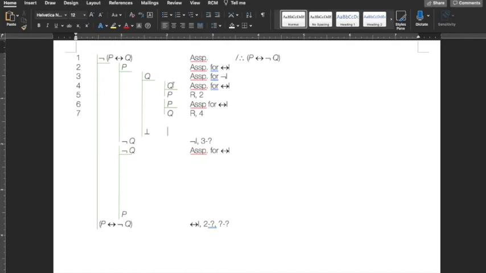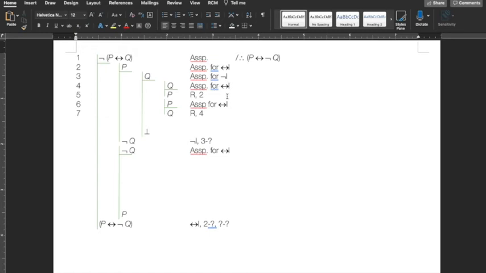If I assume Q again, I can prove P, and if I assume P again, I can prove Q. With these two subproofs, if Q then P and if P then Q, that allows me to add the biconditional P if and only if Q outside of these two subproofs.